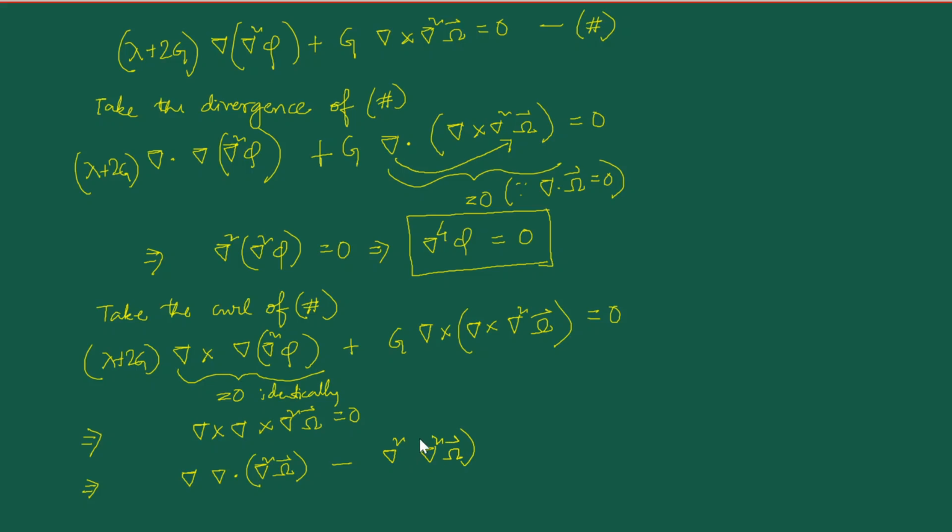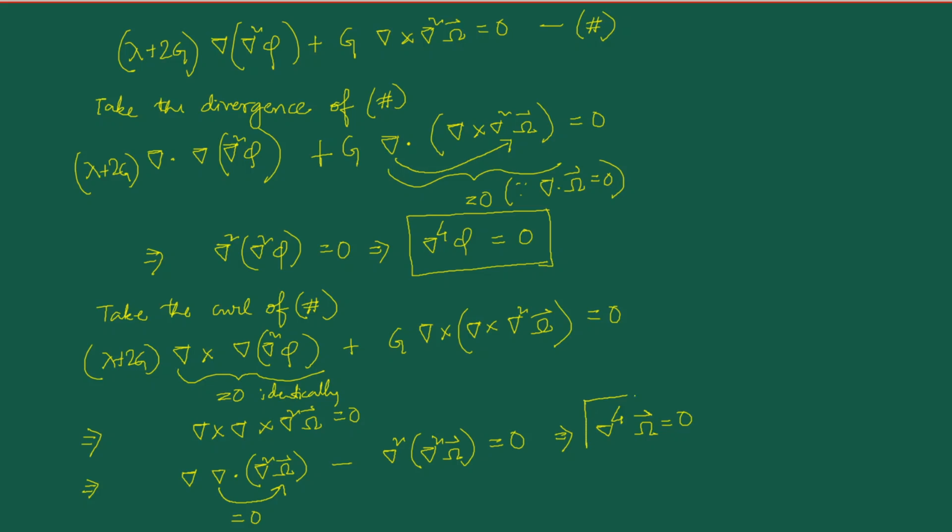That vector is the Laplacian of omega vector. Again you note that this divergence is going to operate on this, so that is going to be equal to 0. So ultimately what we have from here is that the biharmonic of omega vector is equal to 0.